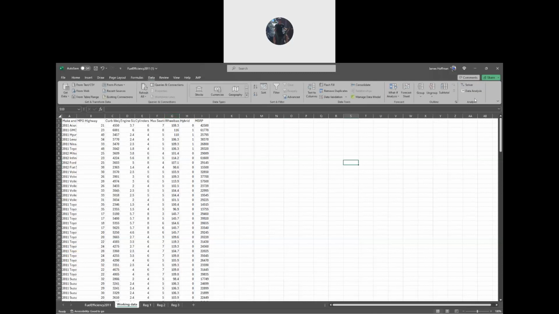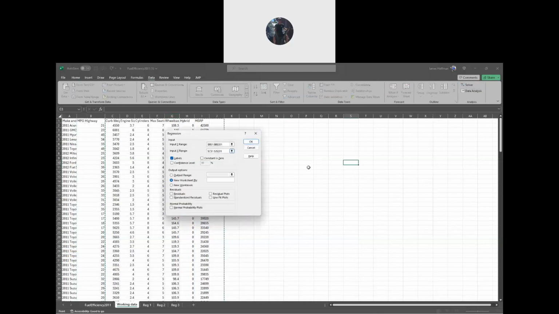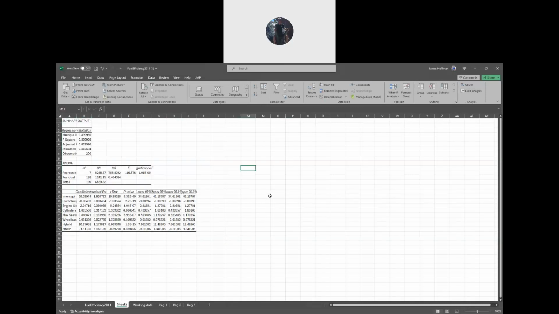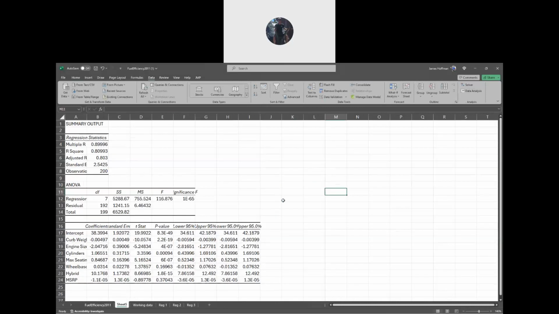Run it again. Change the range to C1 to I201. Okay. Check it again.